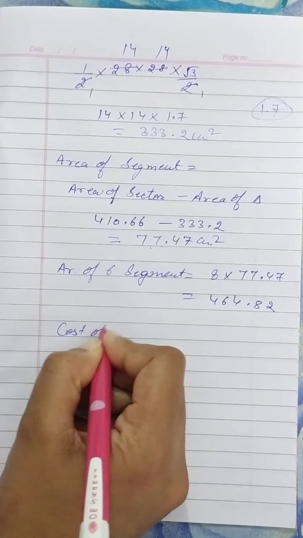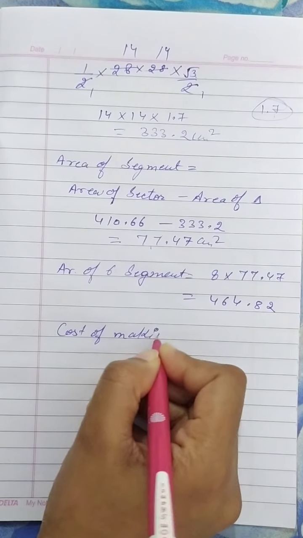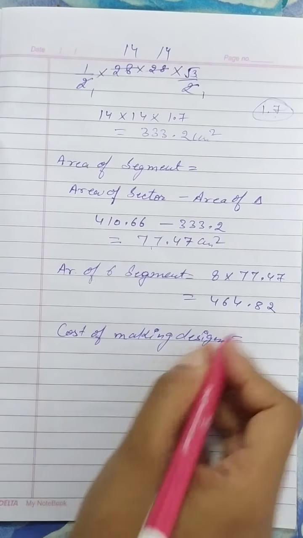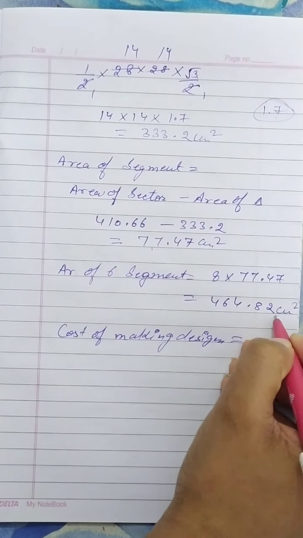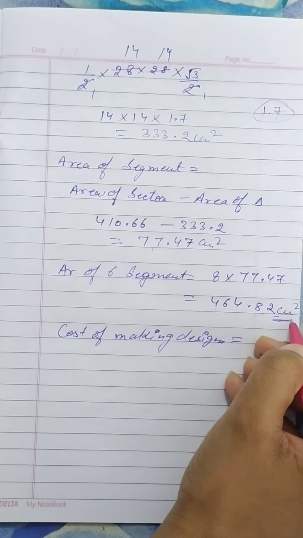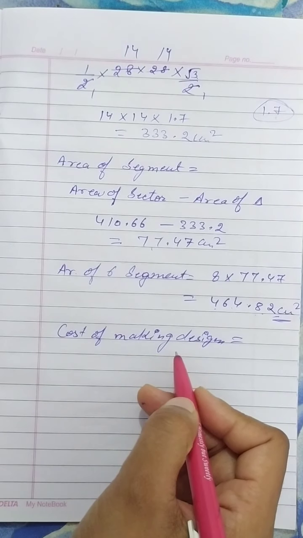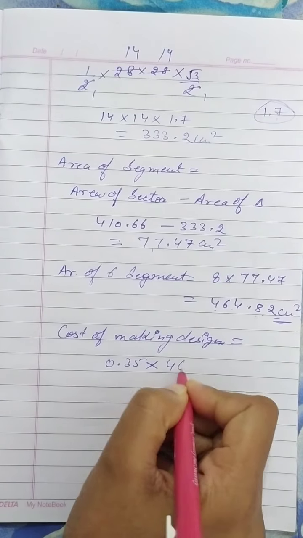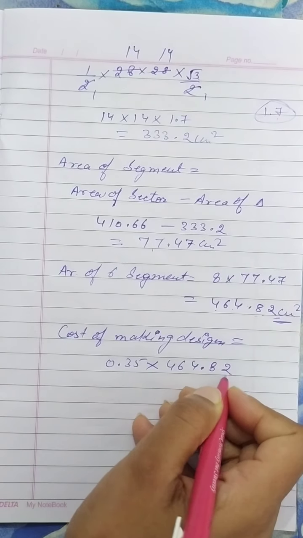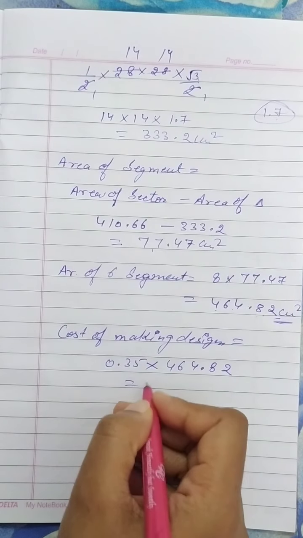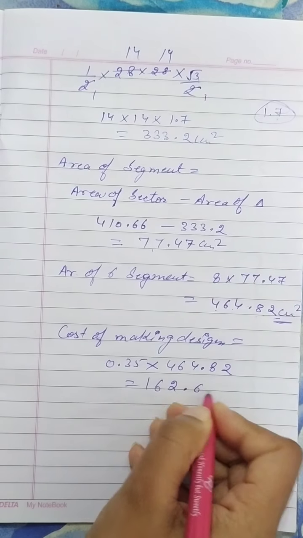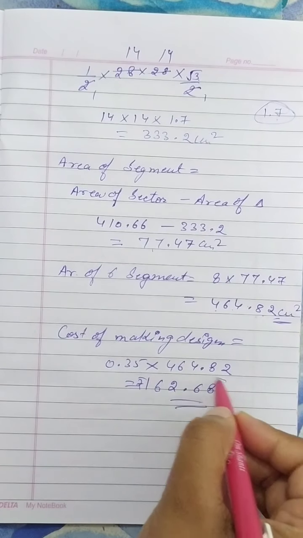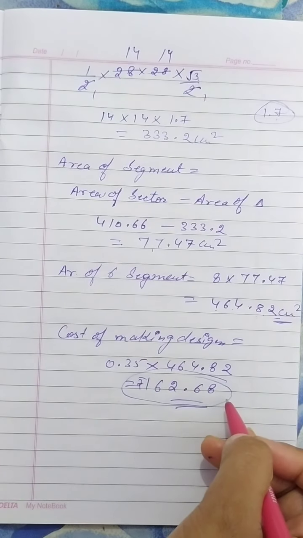So the cost of making the design will be, beta, this is the area of 6 segments, 464.82 centimeter square, and the cost of each centimeter square is 0.35. So 0.35 multiplied by 464.82, and if we multiply, this will come to 162.68 rupees. Clear? This is the cost of making the design of the round table.